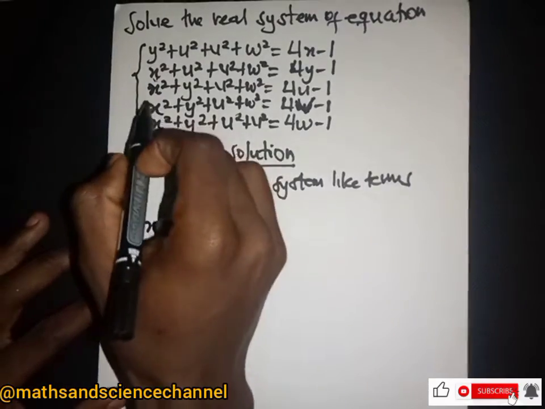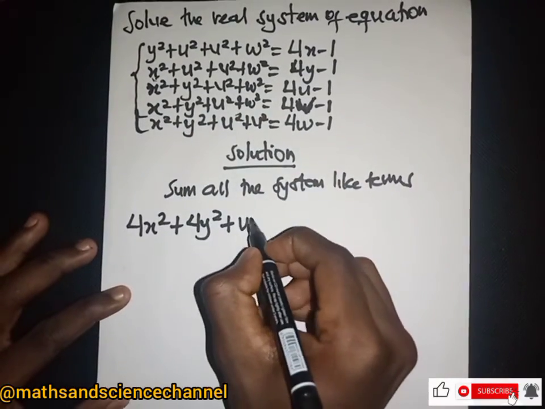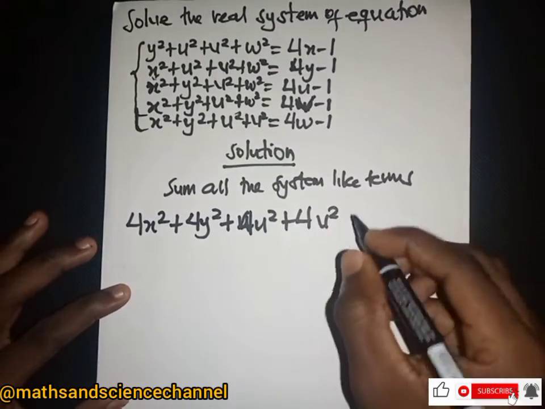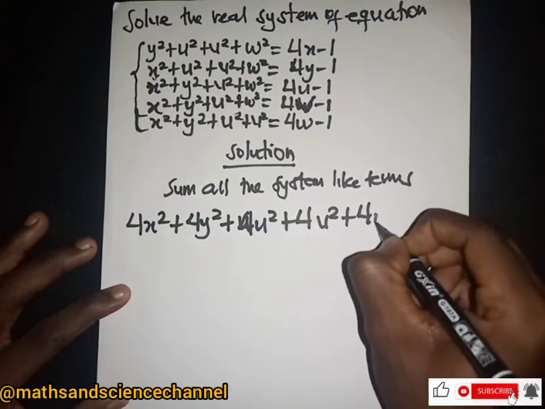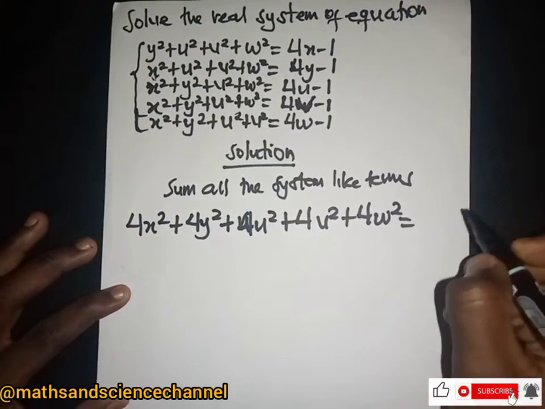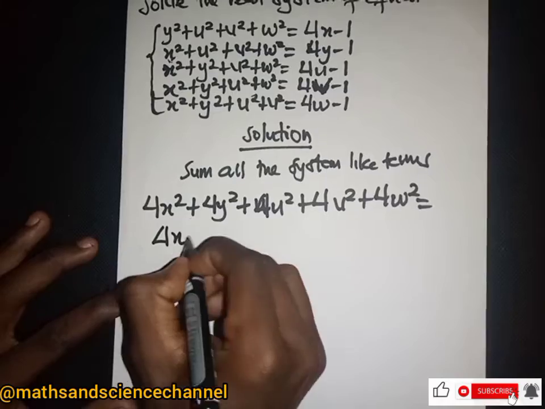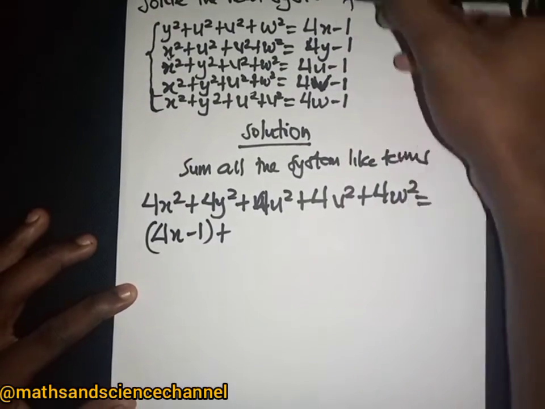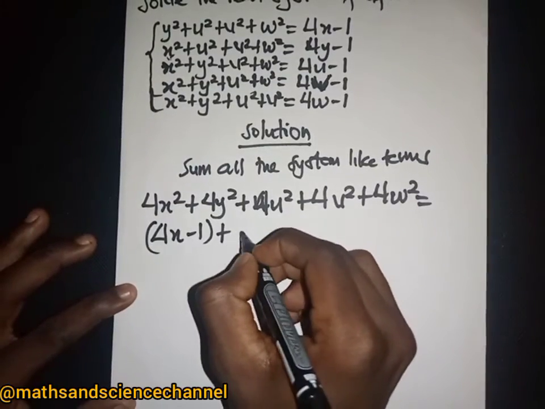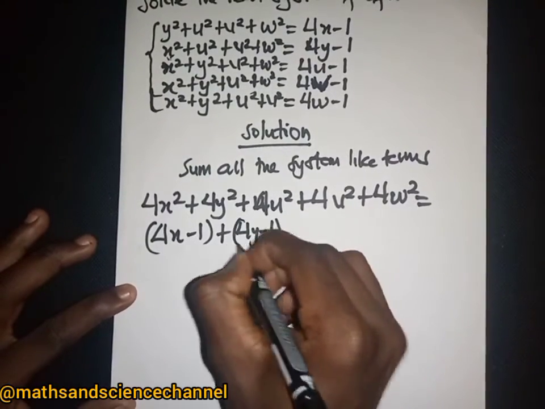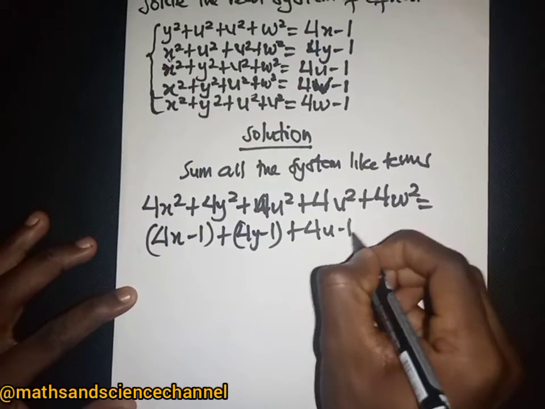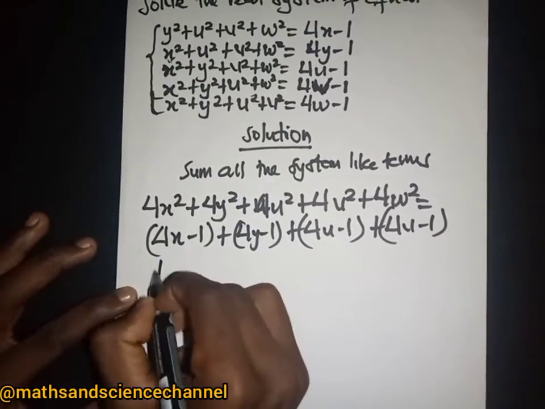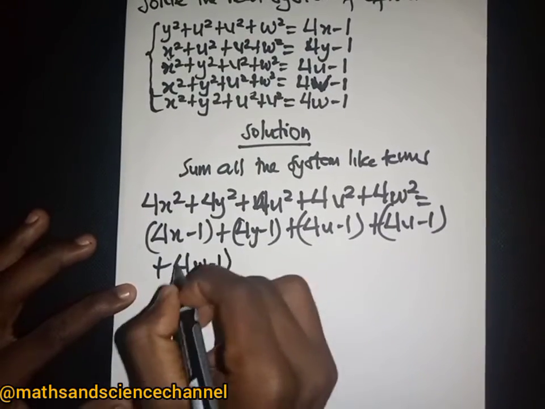The same for u squared, which will be 4u squared, the same for v squared, 4v squared, then 4w squared being equal to, so we have just 4x minus 1 here, then plus, we are summing the right hand side also. So 4y minus 1, then 4u minus 1 plus 4v minus 1, then also plus 4w minus 1.